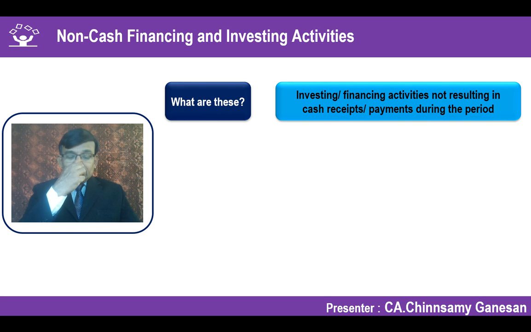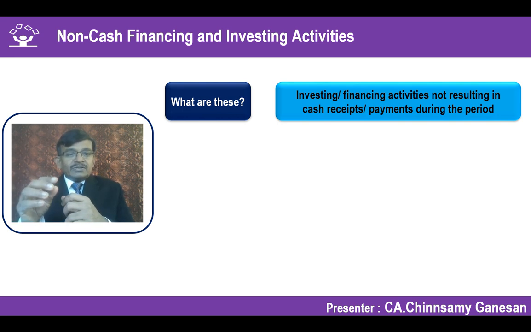Maybe I exchange one asset for another asset. I purchase an asset by issue of a debt instrument. I purchase an asset and settle it by means of share-based payment. Or I assume a liability in exchange for an asset.